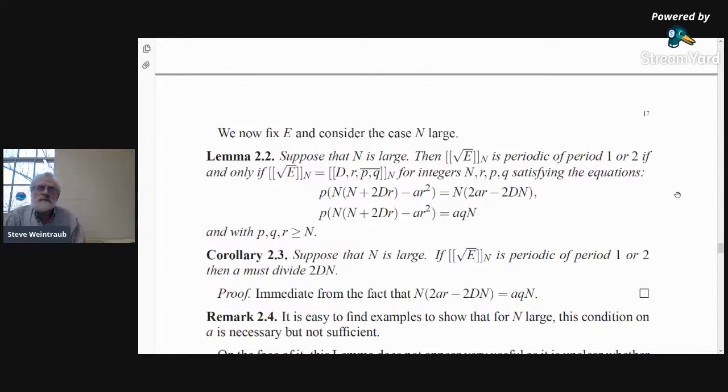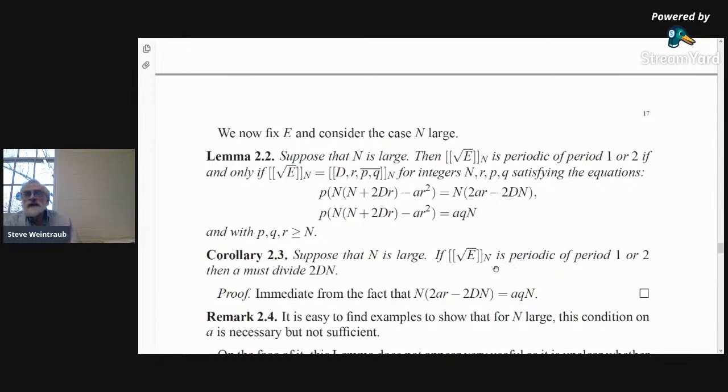But we won't give up yet. The first thing we'll notice is that this lemma tells us something interesting. Because these two sides are equal, this is equal to this. We can cancel out an n here. A always divides 2AR, so we have to have A dividing 2DN.